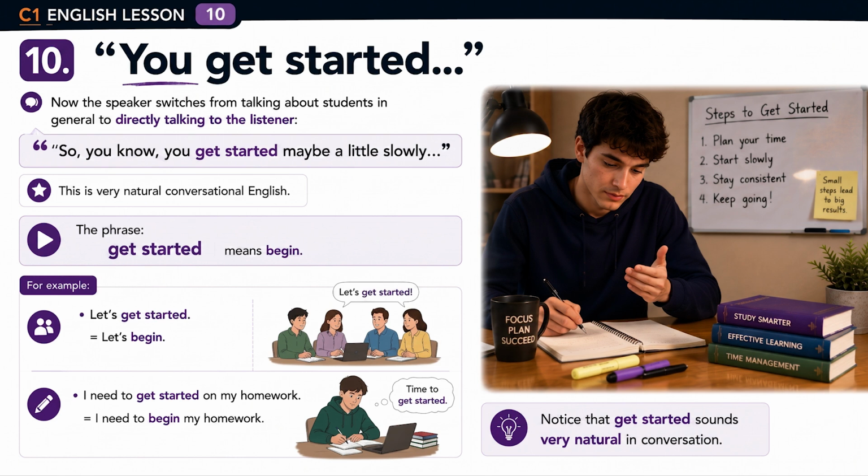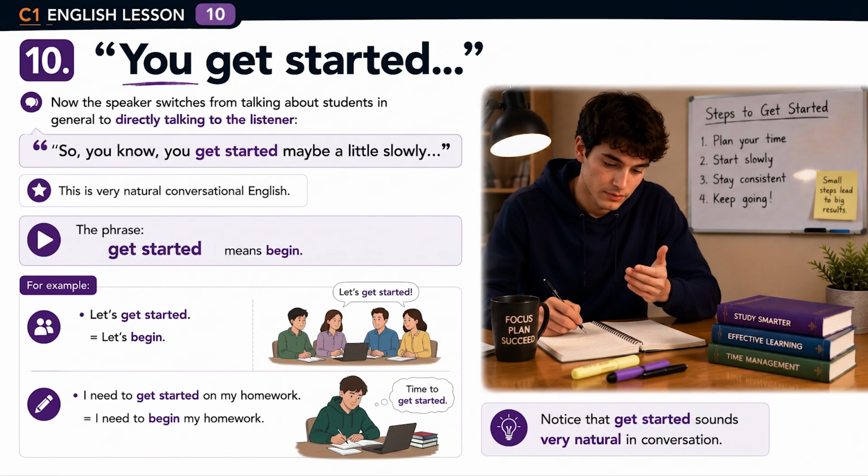Maybe a little story. You get started maybe a little slowly. The word maybe softens the statement. You start very slowly. He's not saying that. He's saying maybe you start a little slowly. This sounds less direct and more conversational.